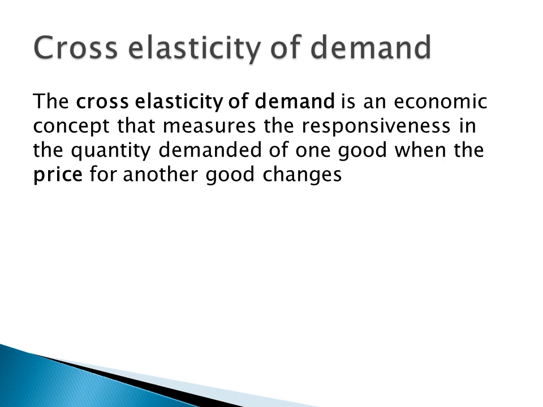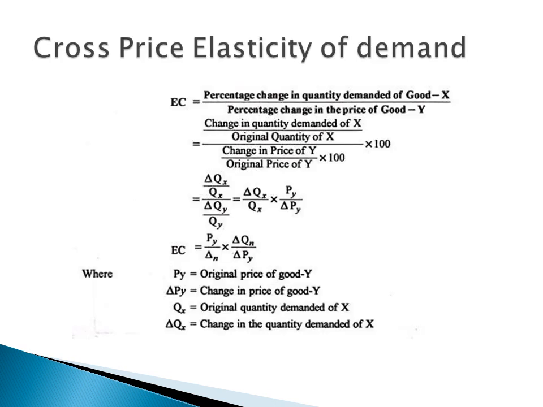Cross elasticity of demand measures the degree of responsiveness of change in one commodity to change in the price of another. Therefore, in cross elasticity of demand, two commodities are in question, commodity A and commodity B. But when we are applying the formula and we are solving the questions, we are going to adopt quantity of one and price of the other.